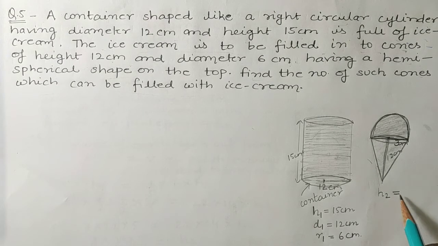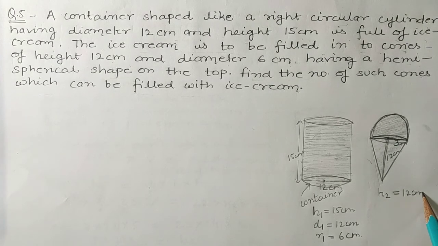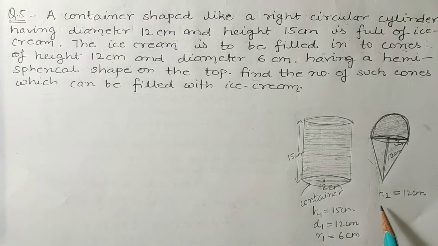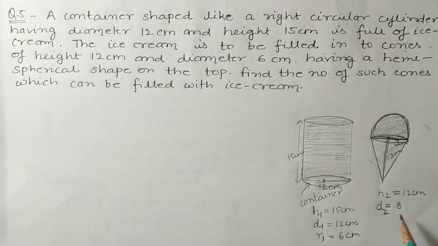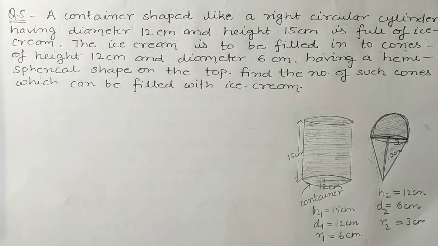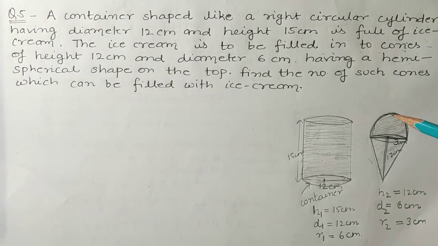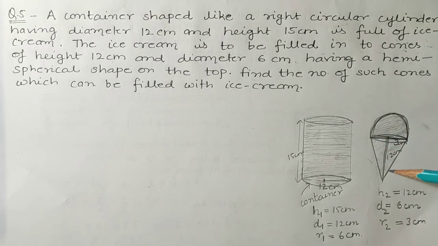The height of the cone is 12 centimeter and the diameter of the cone is 6 centimeter, so the radius of the cone will be 3 centimeter, just half of the diameter. But here on the top of the cone a hemispherical shape of ice cream is also there.